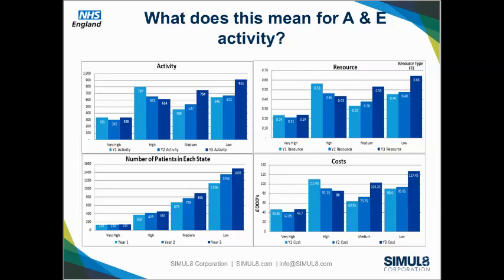But very importantly, what does it look like for the resource that I'm going to need to deliver that if everybody goes to their GP 3 times instead of going to the A&E? Resource need in the GP practice, and what are the overall cost implications? So it allows you to have a high-level view and also to delve down into some of the detail.